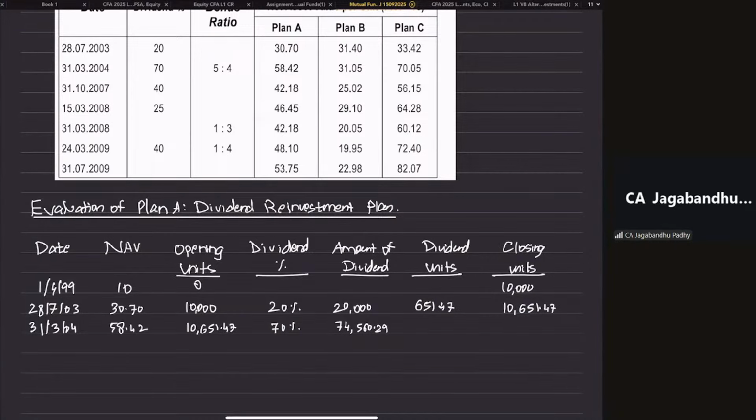From 28/7/2023 to 31st March 2024, that is a period. So you mean to say this 70% will be adjusted for the number of months? No. Dividend is just a percentage, it's never adjusted for the time period. Dividend is just a percentage of your face value.